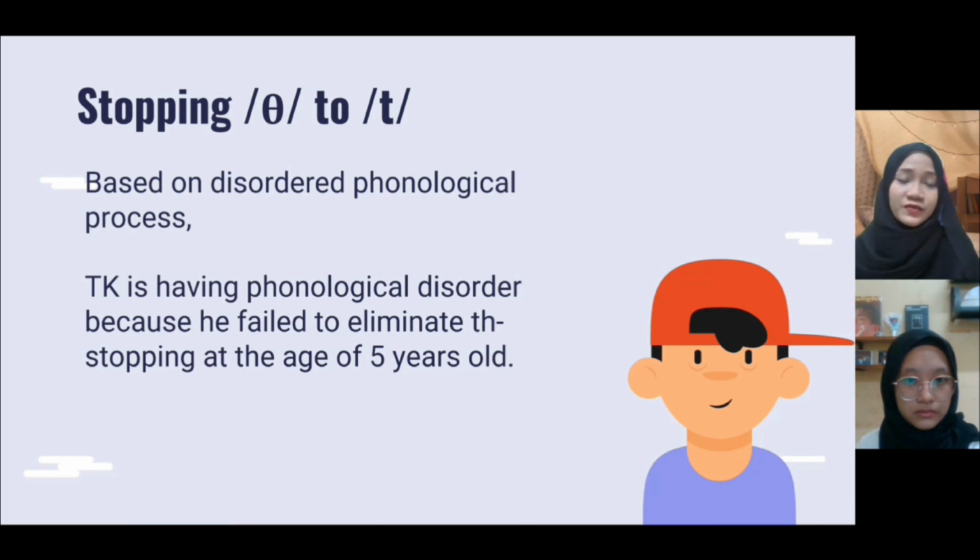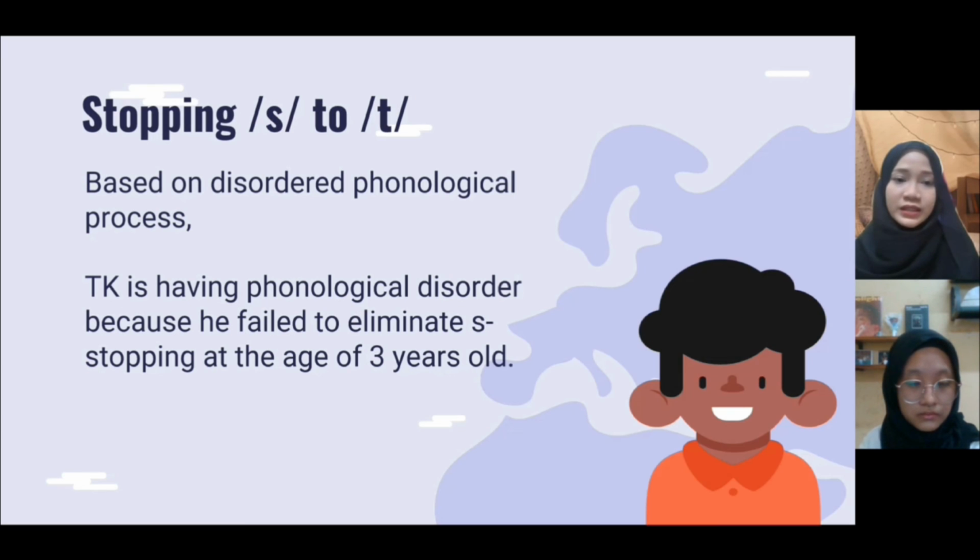Based on the disordered phonological features, TK might have phonological disorder because he failed to eliminate the th stopping at the age of 5 years old, as he is now 6 years old. Next slide. Stopping s to t.